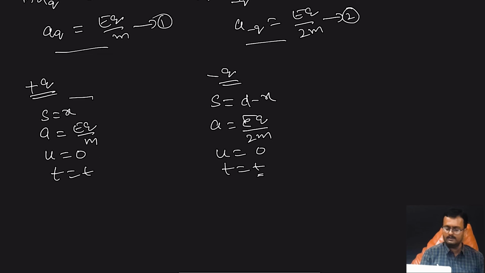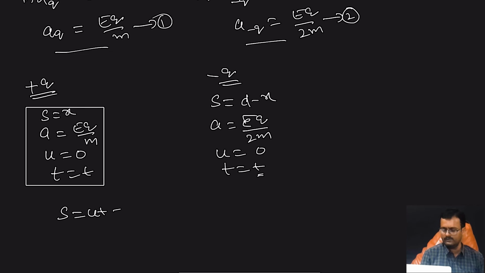So what is the suitable kinematic equation for this? That is s equals ut plus half at squared. u is 0, so this term is 0. Half, and a is EQ by m, into t squared. What is s? That is x.